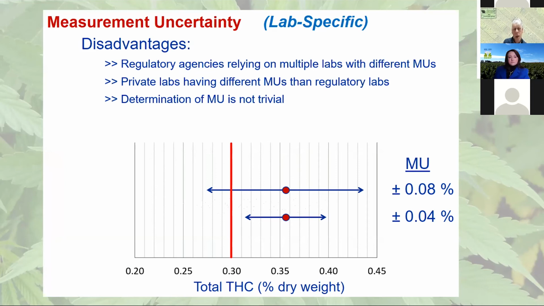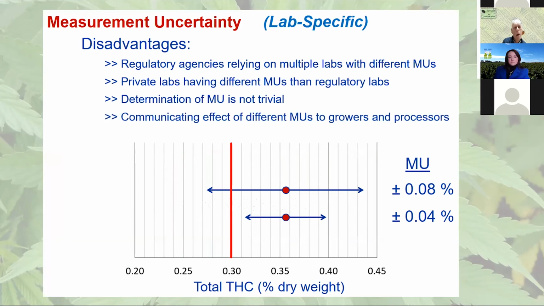I am not at all certain that all the labs are determining measurement uncertainty correctly or the same way. Also, this is a complicated topic, and describing this is difficult. Communicating the effect of different measurement uncertainties to growers and processors, I think, has some challenges.